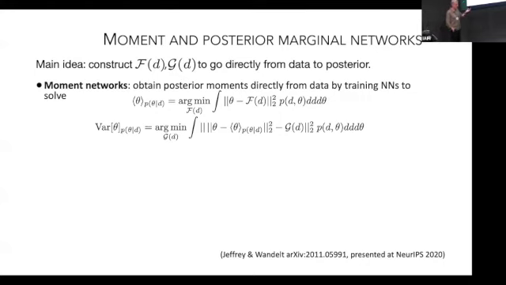It turns out to be the posterior mean. Okay, so just simply by training a network with these joint draws from parameters and data, and just minimizing mean squared error means you can compute posterior means.